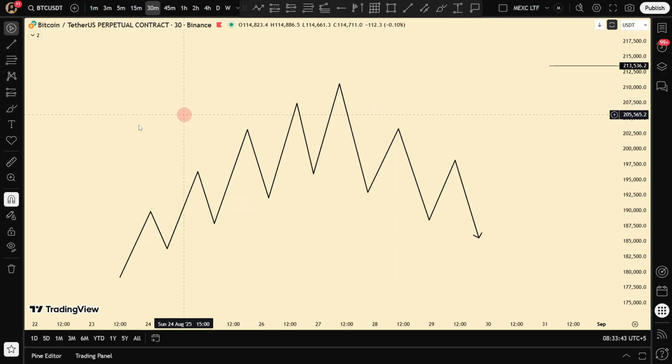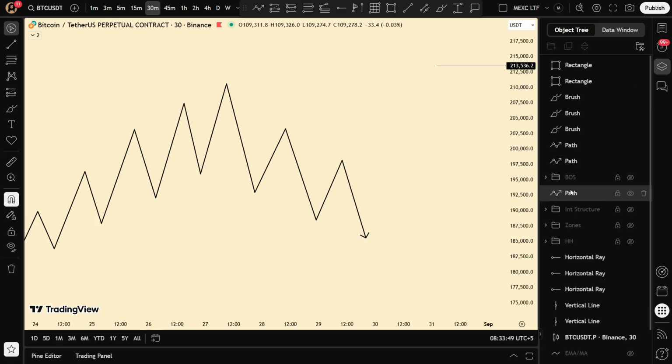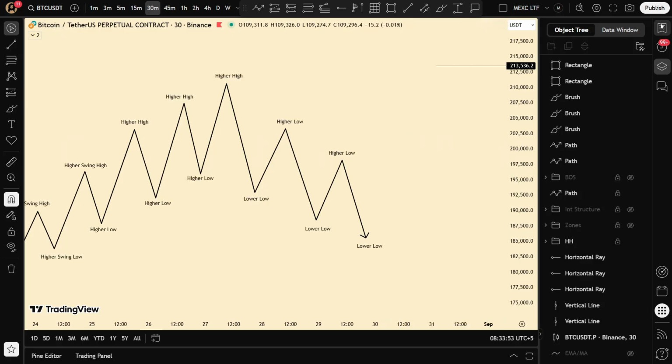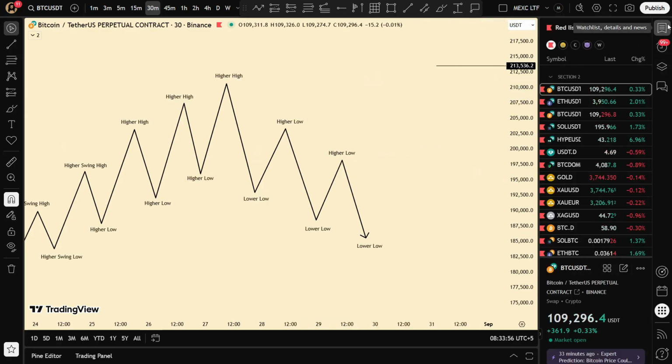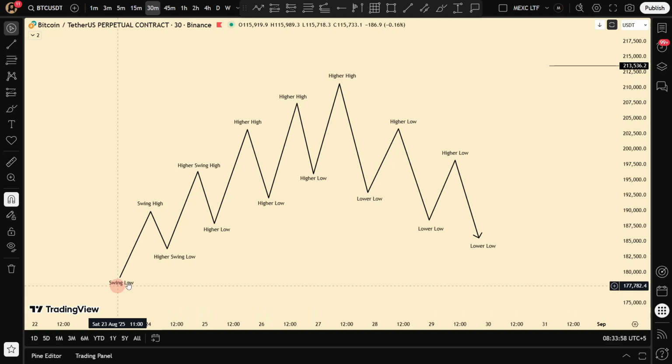Now I'm going to annotate all of this, and we will look at it together and see how it all makes sense. First things first, we need to know what a higher high and what a higher low is. We have this low, we have this high. So from low to high, we have an impulse leg.